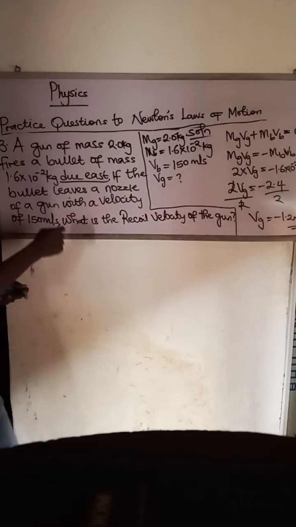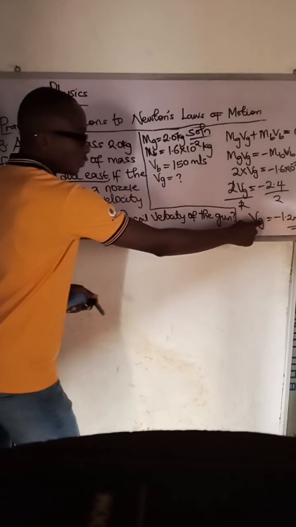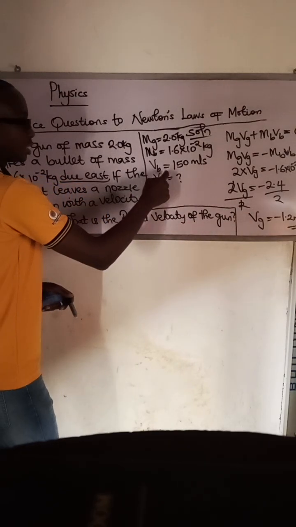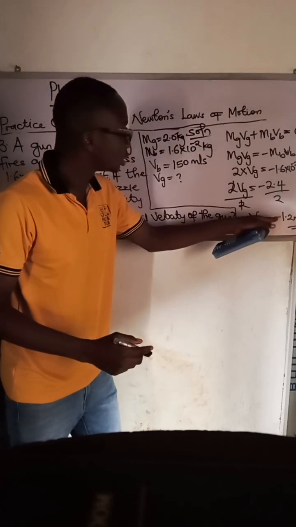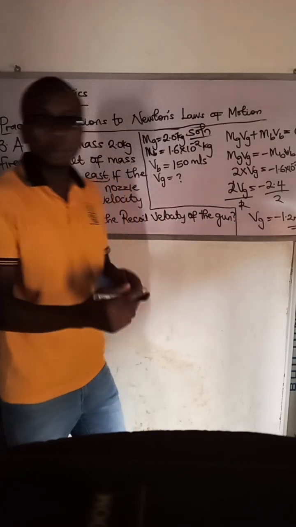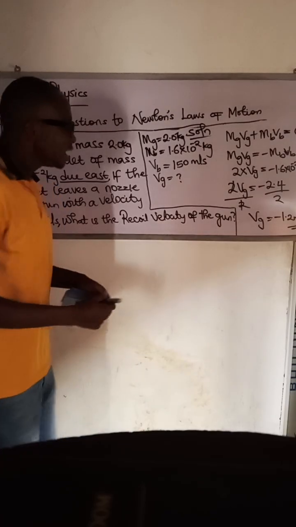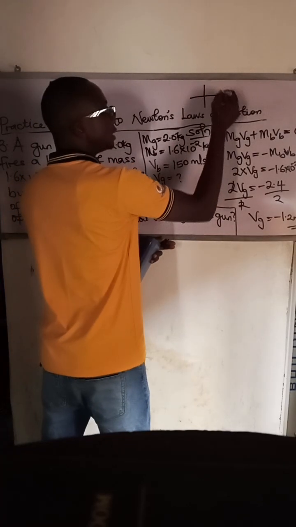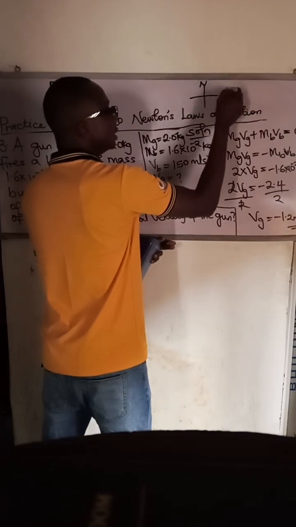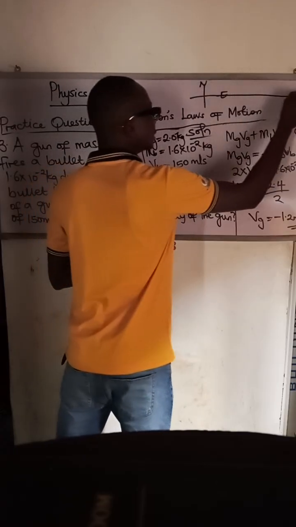The velocity of the bullet is 150 meters per second. Now, the velocity of the gun is 1.2 meters per second. 1.2 meters per second what? If these are cardinal points, when we say something is moving due east, this is north, this is east, it's moving like this.